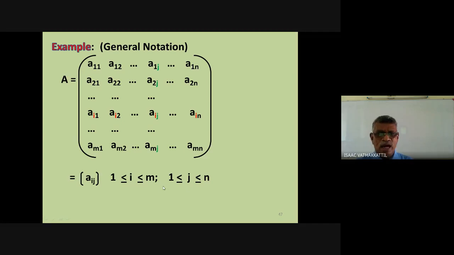So I have m rows and n columns. Or even shortly I can say [Aij] with m by n as a suffix outside the whole bracket. [Aij] m by n means it is an m by n matrix. Aij is the general element.